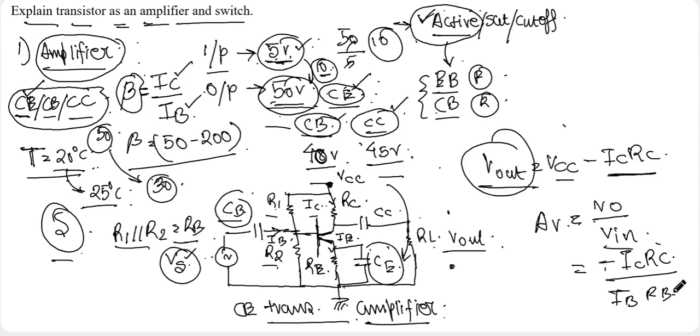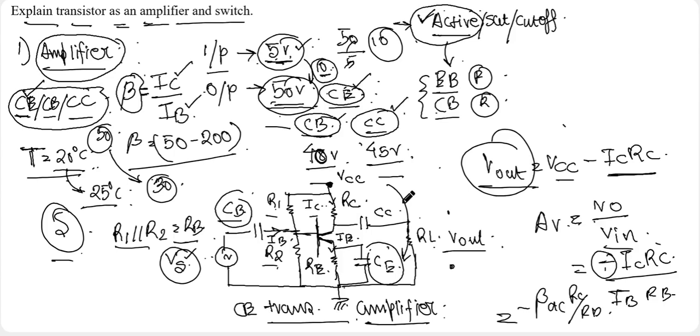Okay. So this is the voltage gain. So we know IC by IB, this is the beta factor. So we are representing it as beta of AC divided by RC by RB. Now the question arises, how does this minus sign come here.